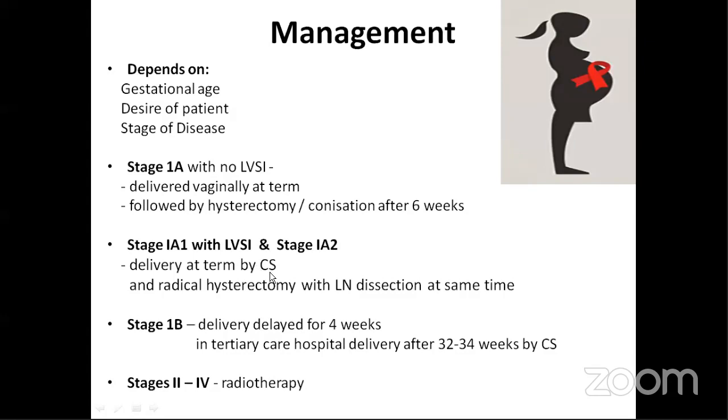Okay, more spread is noted in this stage. That's why we go in for cesarean section. And also at the same sitting, when I'm doing cesarean section, I have to do radical hysterectomy with lymph node dissection at the same time. Okay, but we need to be very careful because there could be a lot of bleeding.